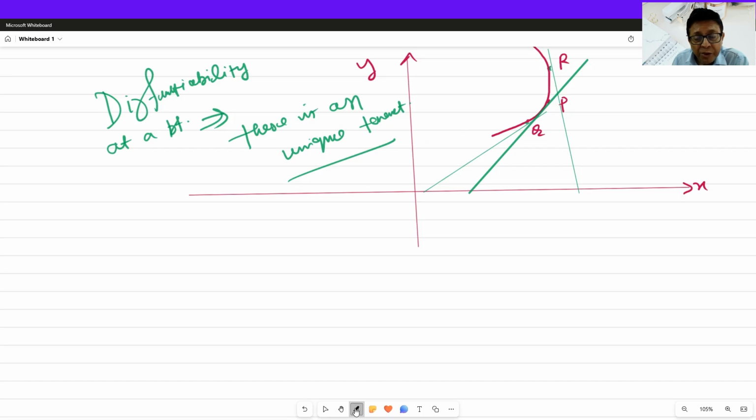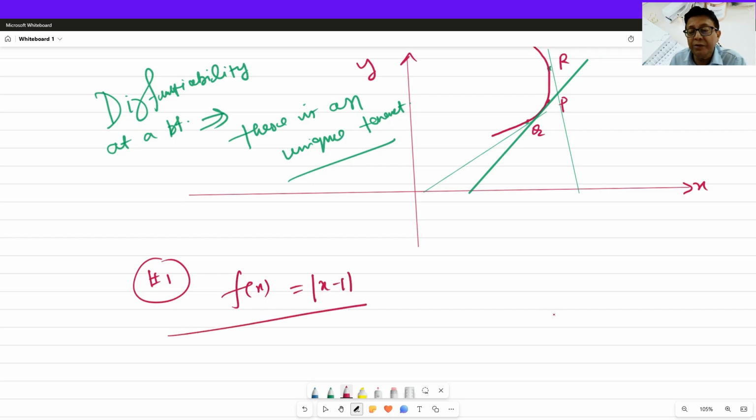Even when you are about to discuss, continue with our first problem today, f(x) equal to mod x minus 1. I am just telling you. You all know the graph of this function very well. If you plot the graph of mod x minus 1, this is just by shifting the origin for mod x. It will be from x equal to 1 and the graph has two branches.